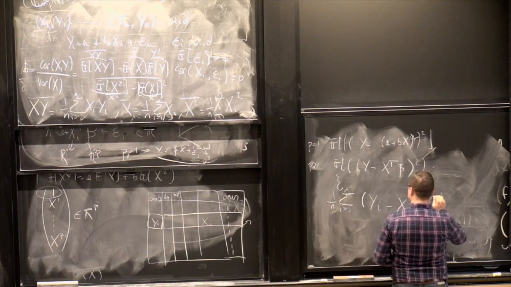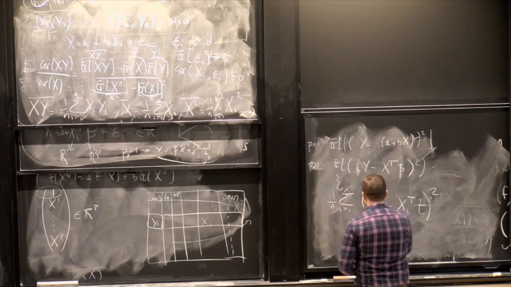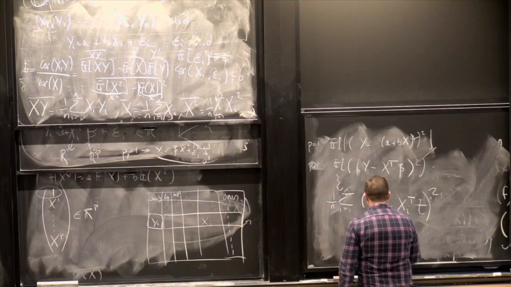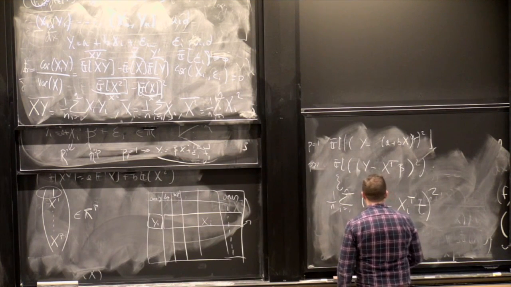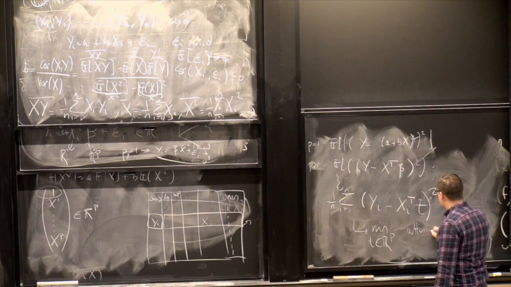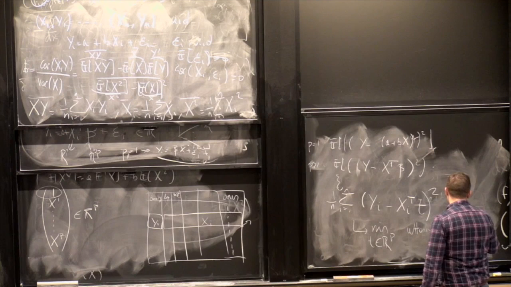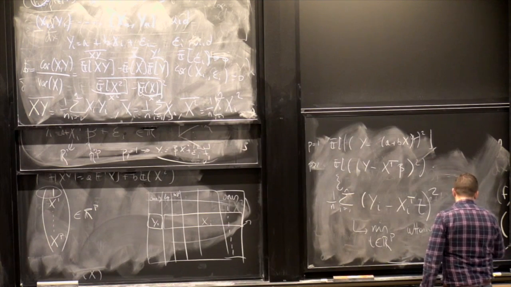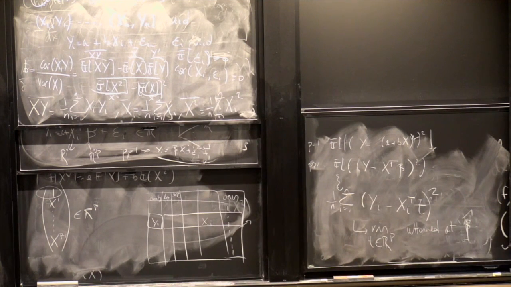Now I'm going to take the square of this thing, and when I minimize this over all t in R^p, the minimum is attained at beta hat, which is my estimator.